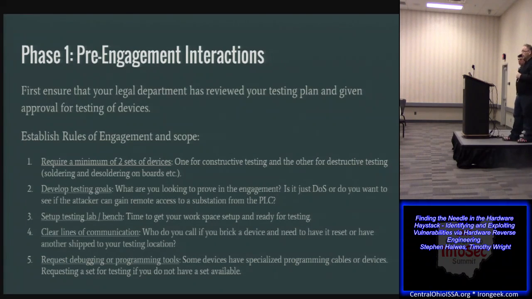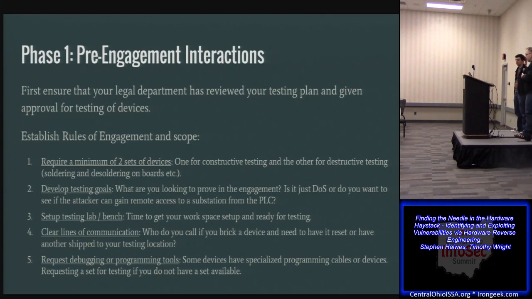We also want to make sure we have clearly defined testing goals while we're setting up the ROE, so that we know what we're trying to prove. If we're just looking for remote code execution vulnerabilities or testing for denial of service, let's put those inside the pre-engagement. Also, as we get everything signed, this is a time where we can define time to set up our workbench or our lab. We have specialized tools in this area, and we need to get those set up and configured.